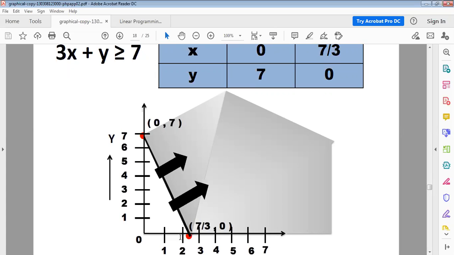And y equals 0, just joining these points. This is also greater than or equal to, so the shaded region will be higher, opposite to the origin. This is the arrow sign, shaded region for the greater than or equal to sign. If it were less than or equal to, then the shaded part would be on this side.